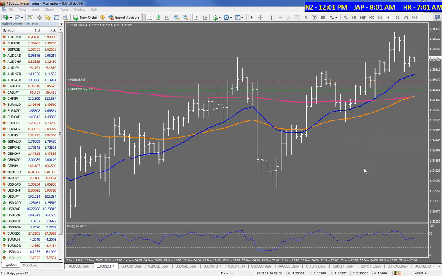Just on the trades that I'm carrying, the euro dollar, I moved my stop underneath this bar last night, and there we sit. I don't see any point to move it yet, so that's just chugging along.